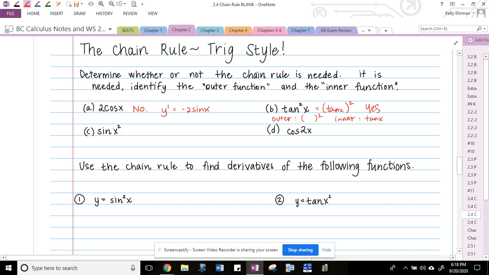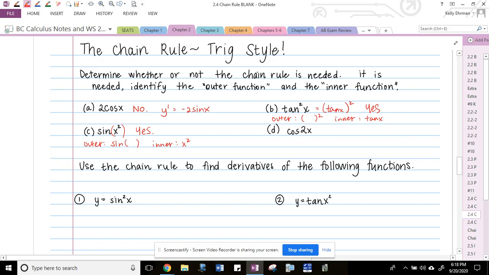For part C, the squared is on the angle x. So yes, we need chain rule again because the outer function is sine of a quantity and the inner function is x squared. So anytime you have an angle that's not just a plain x, now you have an inner function.